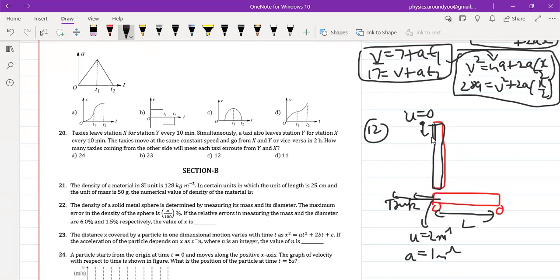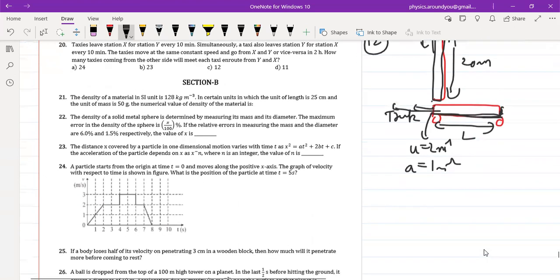When will the stone just miss the truck? When, at the time taken by the stone to reach the ground, the rear end of the truck, the back end of the truck, should have traveled, if the truck has come forward an L distance.